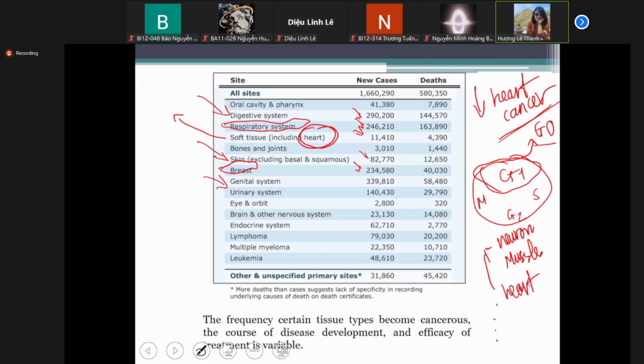We have several kinds of cells that withdraw from the cell cycle and jump into G0, and the heart cell is one of them. When they do not divide a lot, there's no possibility for them to accumulate mutations, right?